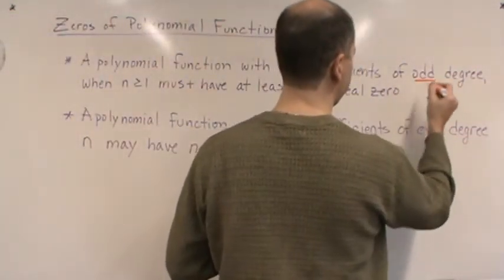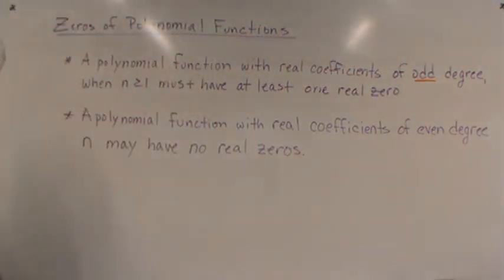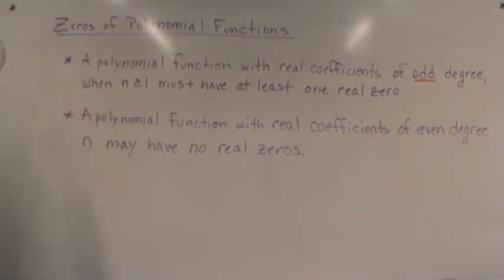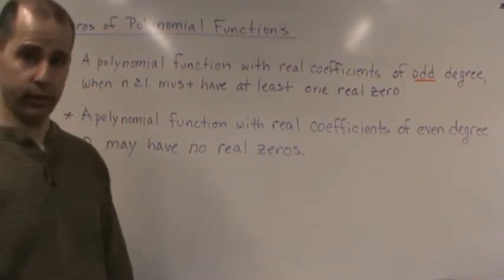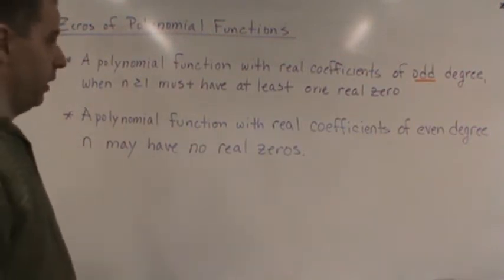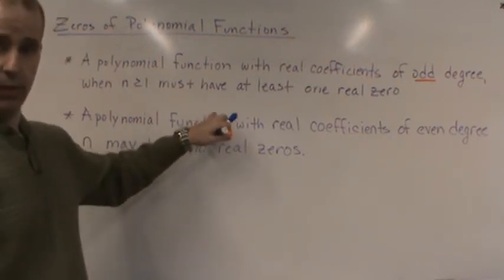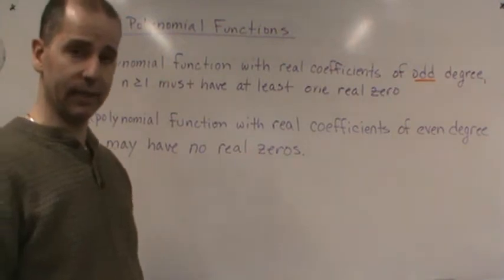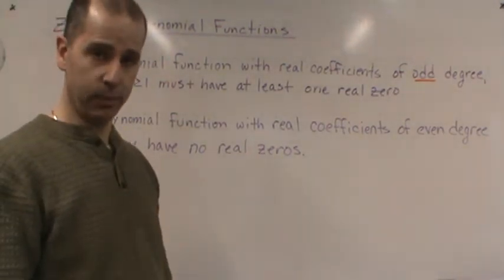Okay, if the degree of the polynomial is odd, when n is greater than or equal to 1, so an odd degree greater than or equal to 1, it must have at least one real zero. And why is that? Because from the conjugate zeros theorem, complex zeros always come in conjugate pairs.